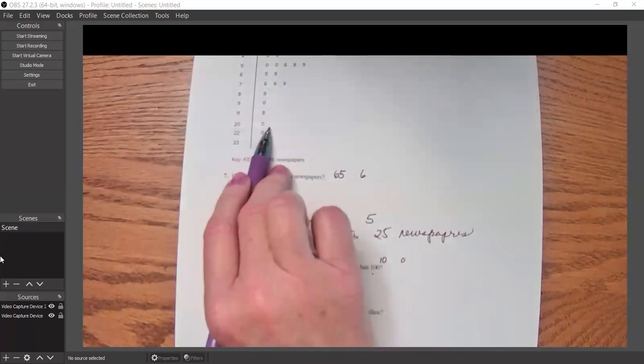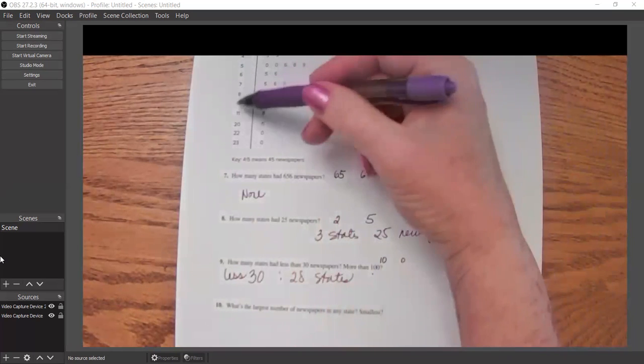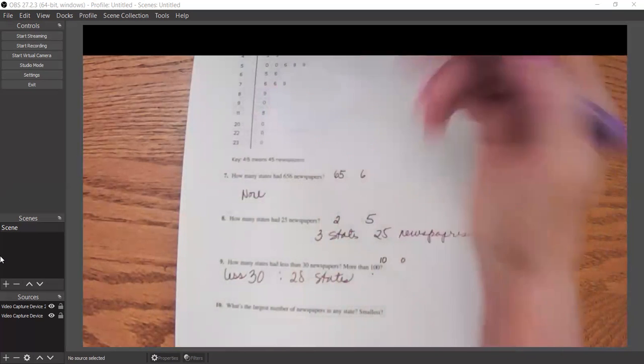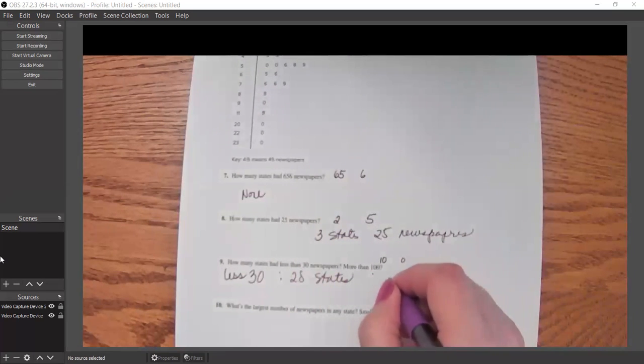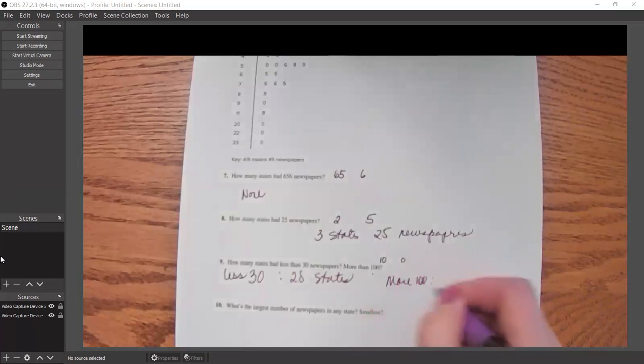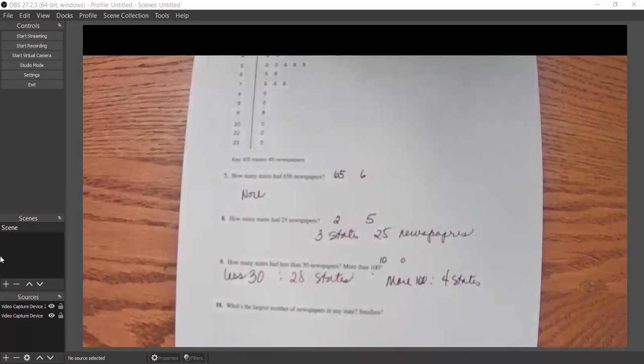And then we go right to the 200s and the 220s and the 230s. So how many have more than 100? Here we have 1, 2, 3, 4. 4 states have more than 100 papers.